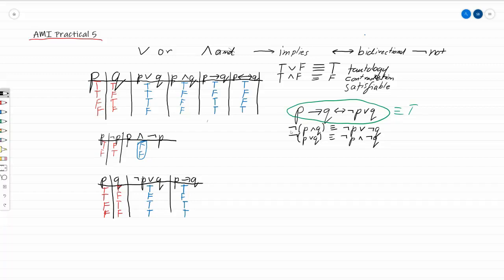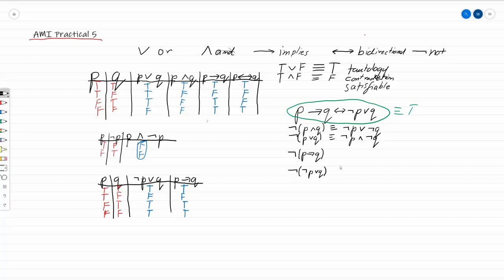What we can do with this is when we have a not P implies Q, or again any other type of thing, what we can do first is not P or Q, which is effectively equal to that we just worked out. So this is something which we can work with.